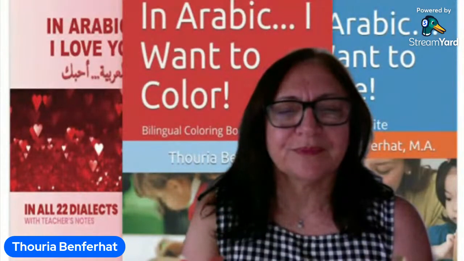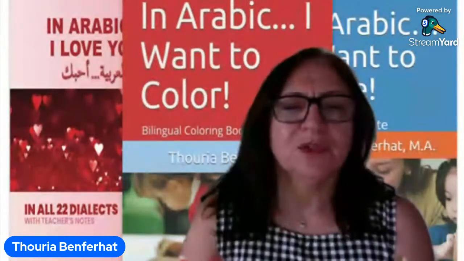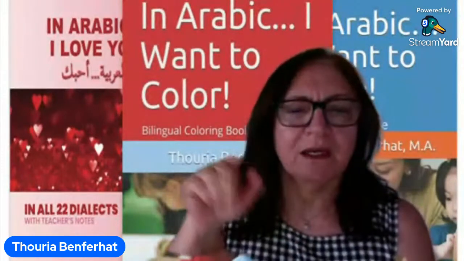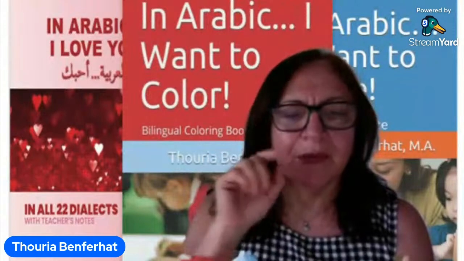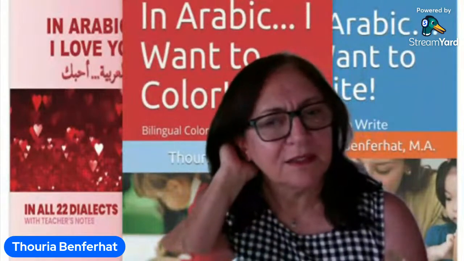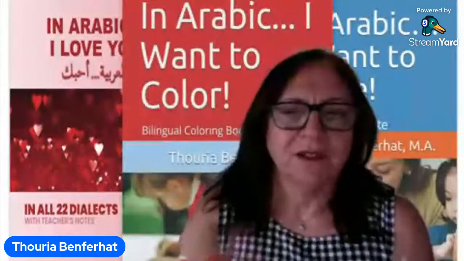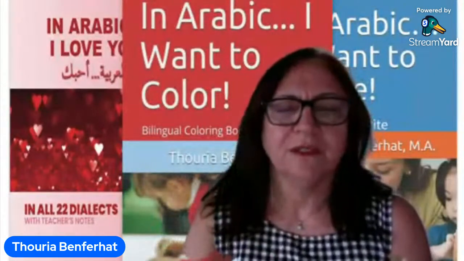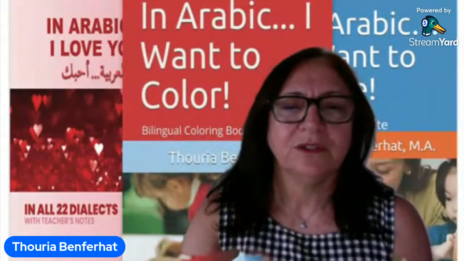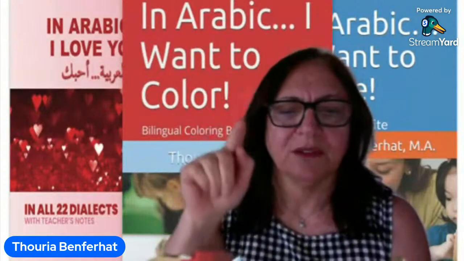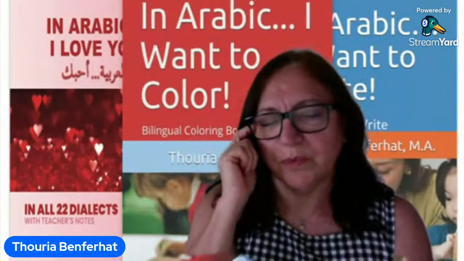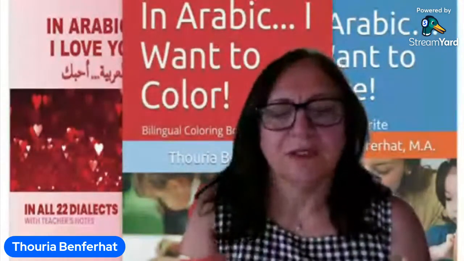When you look at a newspaper, you won't see any sukun or fatha or kasra or damma. Sukun is the silence, the no vowel symbol. The fatha is the a on top of the consonant. The kasra is the i under the consonant, and the damma is the u, which is written above the consonant.